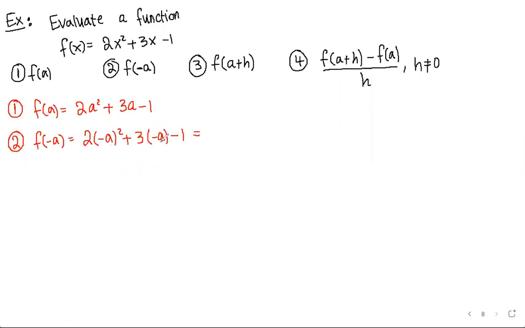Simplify: f of minus a equals 2 times this thing. Minus a squared is a squared, so I get 2a squared. 3 times minus a is minus 3a, minus 1. Okay. For the third one, who will do the third one?